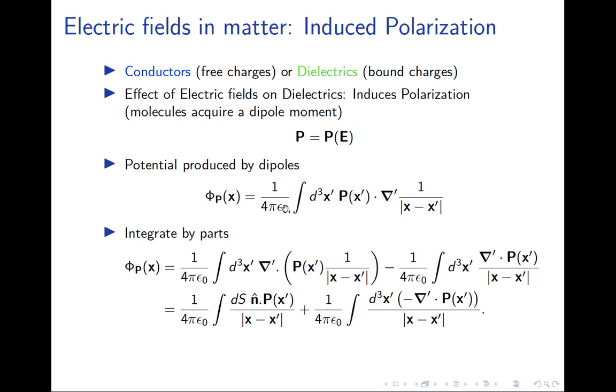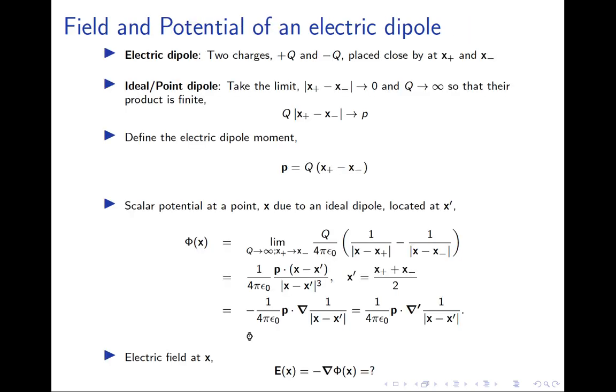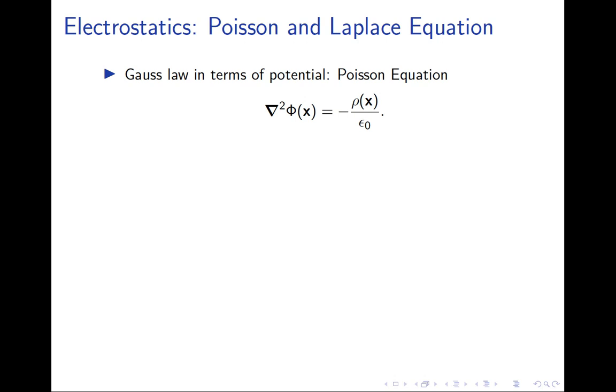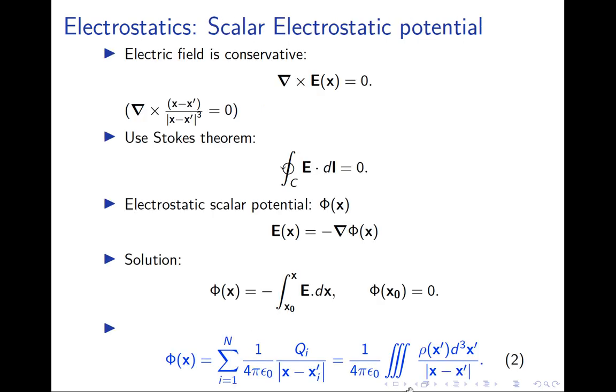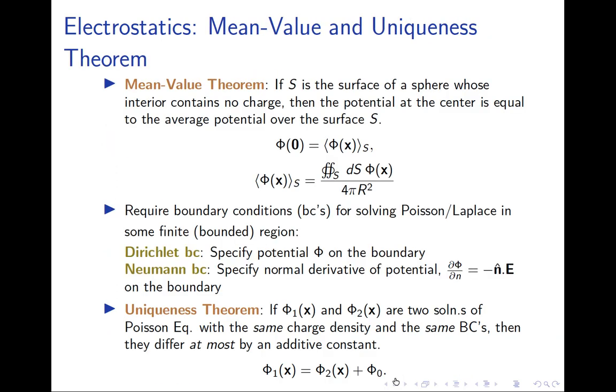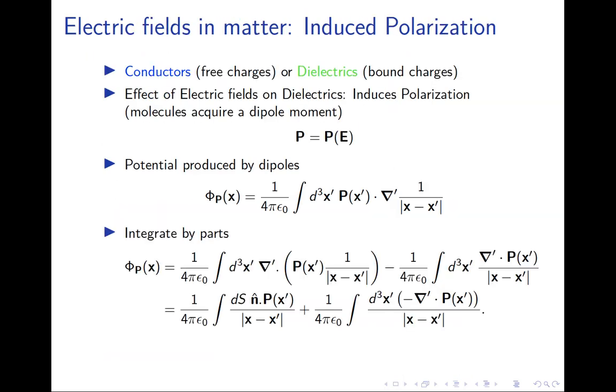Because this form is intuitively more clear to us. If you compare with the formula for the potential, you see the potential is defined by an infinitesimal amount of charge divided by the distance of the field point from the charge, integrated over all charges. This is exactly what is going on here.